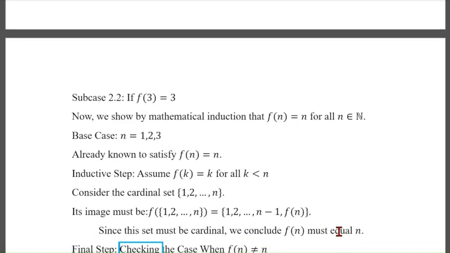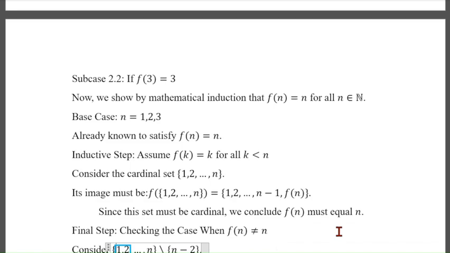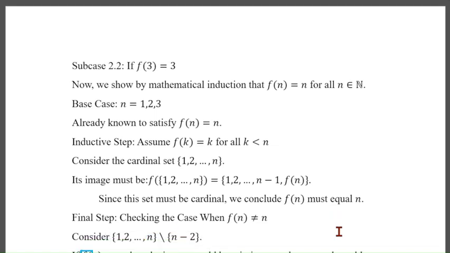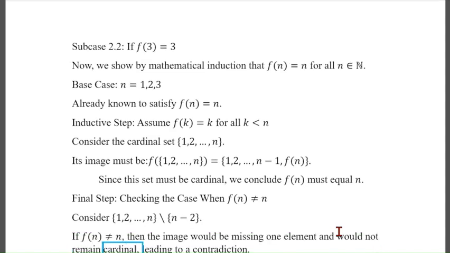Final step, checking the case when f(n) is not equal to n. Consider the set {1, 2, ..., n} minus {n}. If f(n) is not equal to n, then the image would be missing one element and would not remain cardinal, leading to a contradiction.